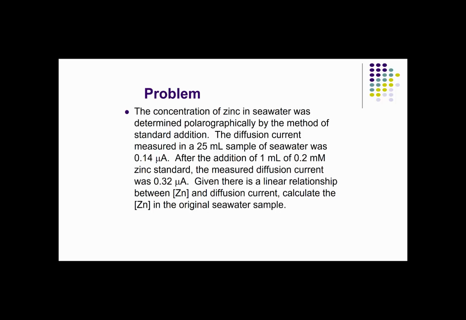Then we purposefully add 1 milliliter of a 0.2 millimolar zinc standard, and re-record the current. Now we find it's increased because we have more zinc in there. It's 0.32 microamps. And then this is the all-important piece. You're told, given there's a linear relationship between the concentration of zinc and the diffusion current, calculate the zinc concentration.